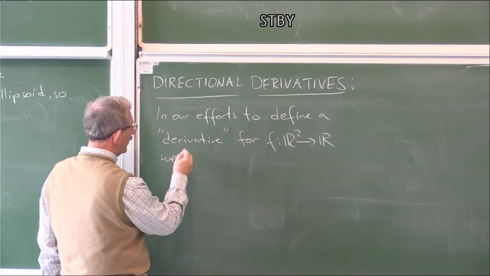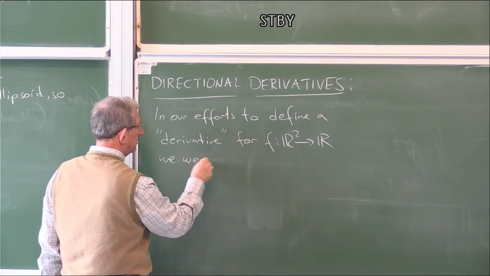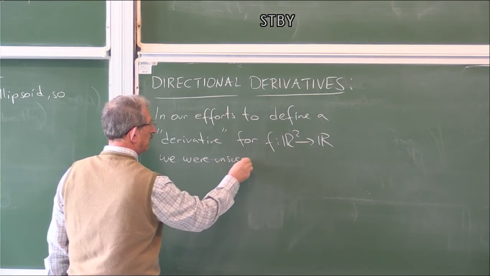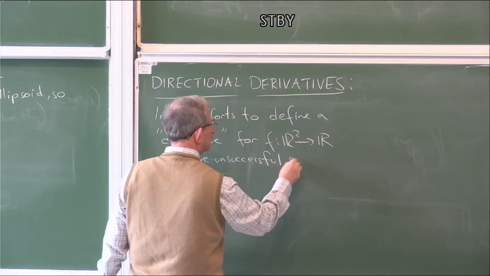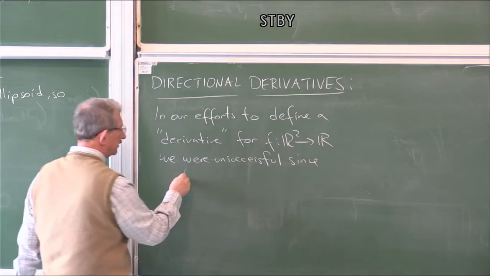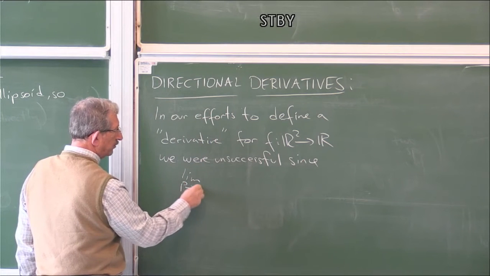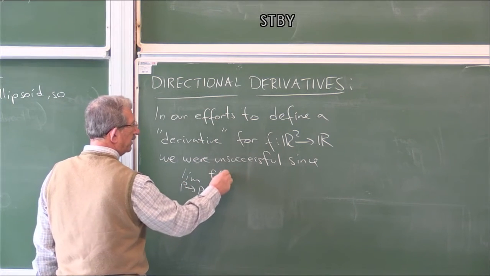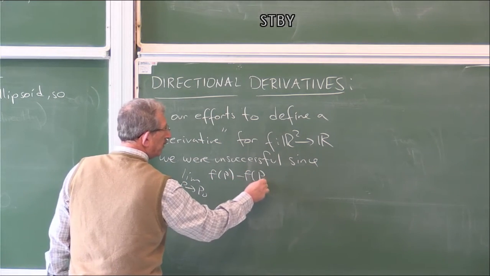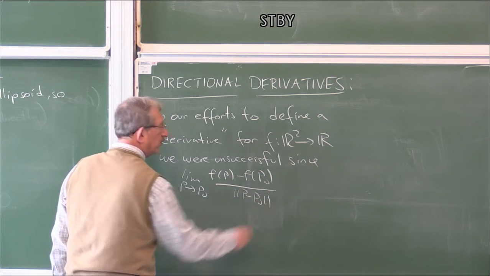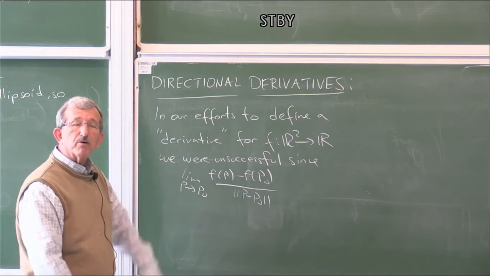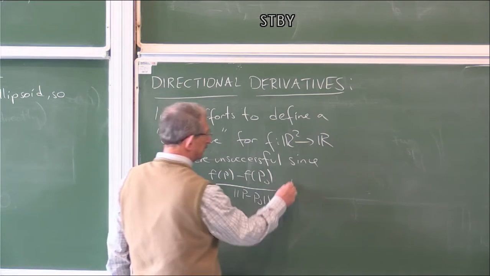We were unsuccessful, since the limit as p goes to p0 of f of p minus f of p0 divided by the length of p minus p0 did not exist for even very simple functions.